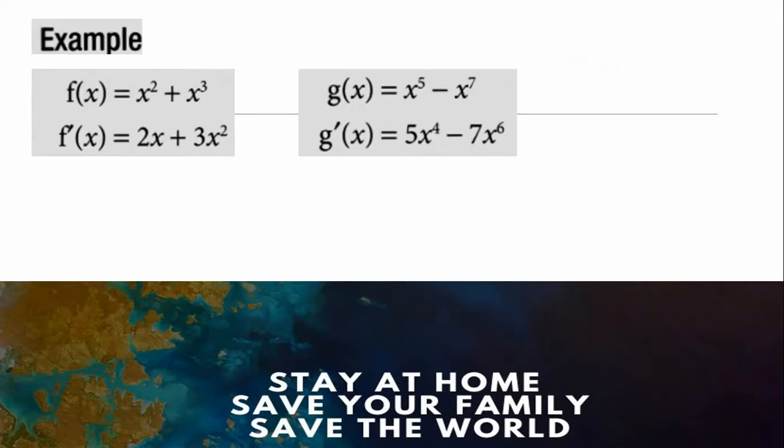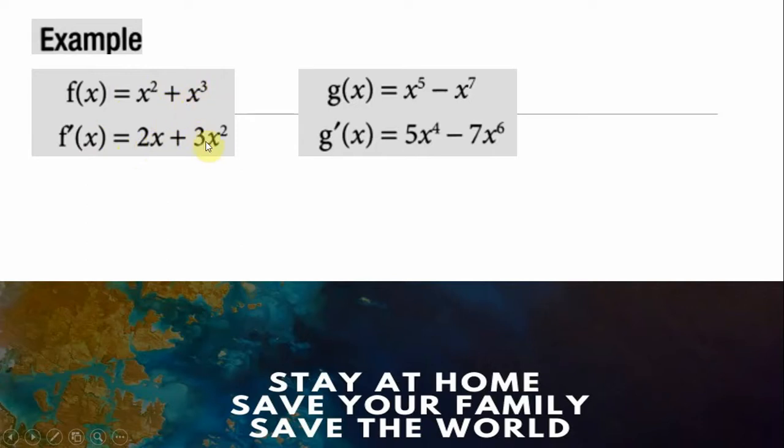Okay, let's solve some examples. As you see, f of x is equal to x to the power of 2 plus x cubed. For the derivative, first we take the first term, x squared. The derivative of x squared is 2 times x, and the second term is x cubed.